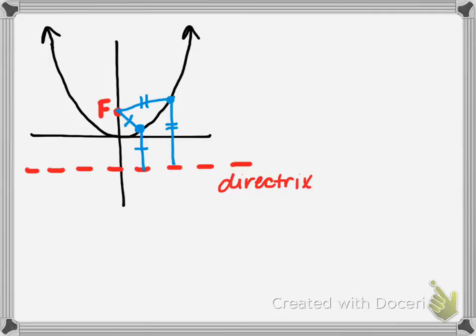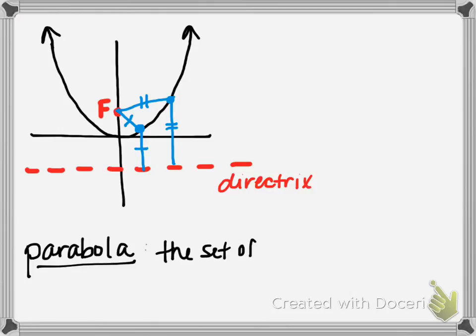And this leads us to our formal definition of a parabola. We say that a parabola is the set of points whose distance from a fixed point is the same as the distance to a fixed line.